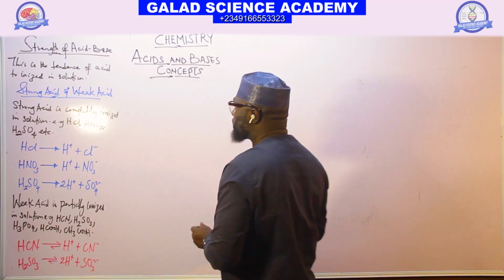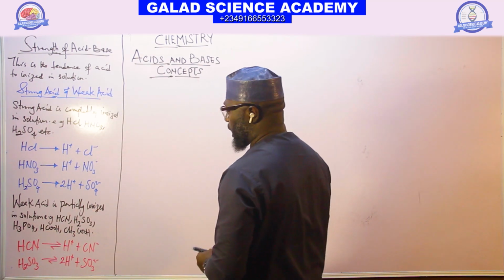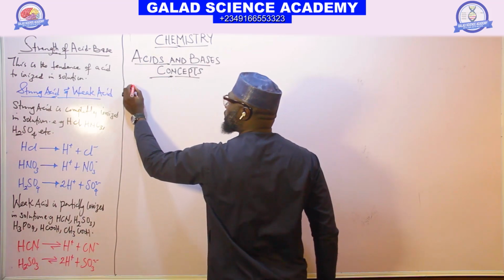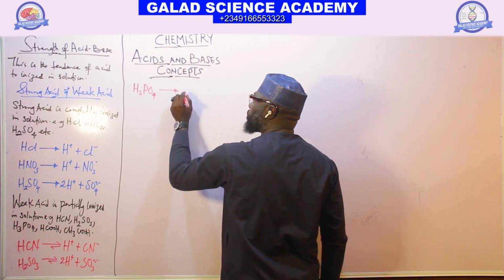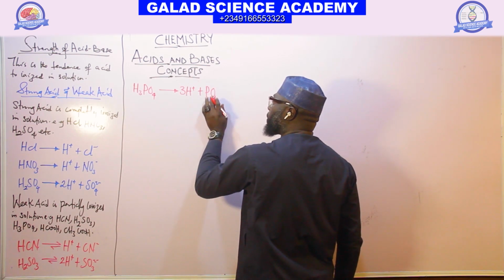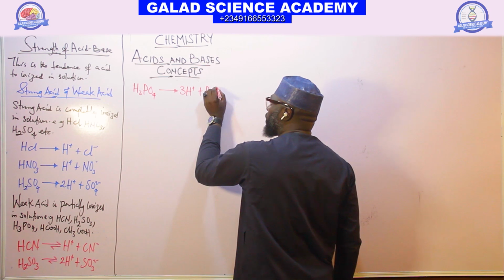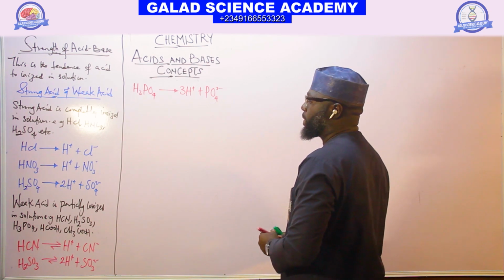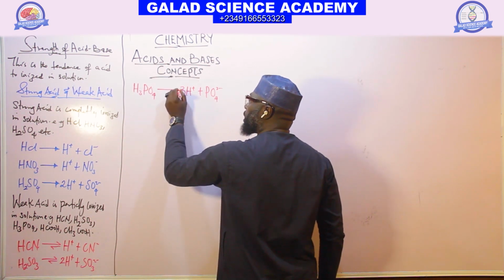And we can also have H3PO4. When it is ionized, it gives us 3 moles of hydrogen ion plus PO4 3 minus.